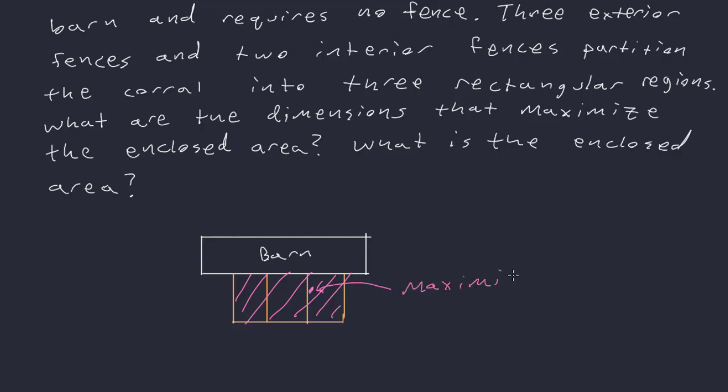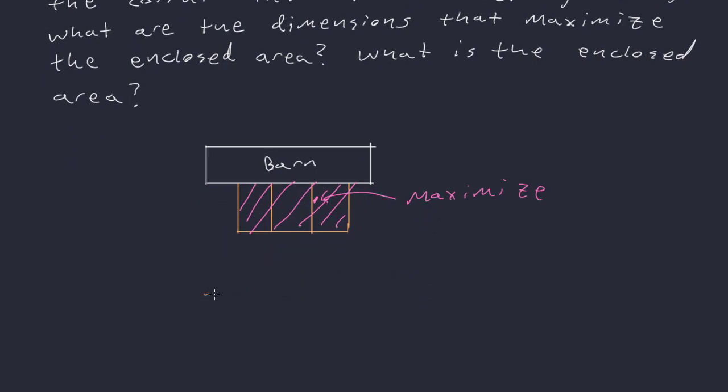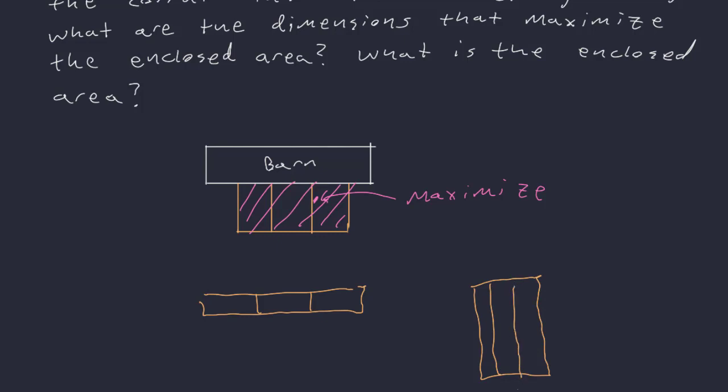There are a lot of ways that we could build this fence, right? We could make it very wide, or we could make it very longish, like this, or somewhere in between.